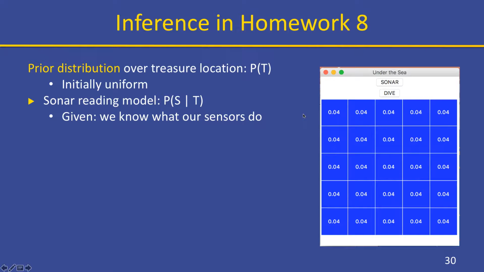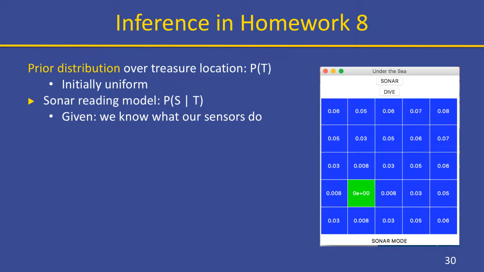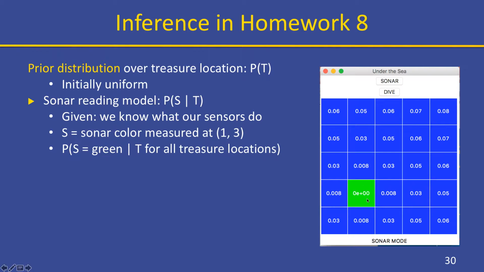We are also given our sonar model, which gives us the probability of a sonar reading given a treasure location. So we know what our sensors do. Then we go into sonar mode and take a reading at this location, at 1, 3, let's say. We get a green reading. Our sensor model gives us the probability that the sensor reading is green given t is at any of these locations.